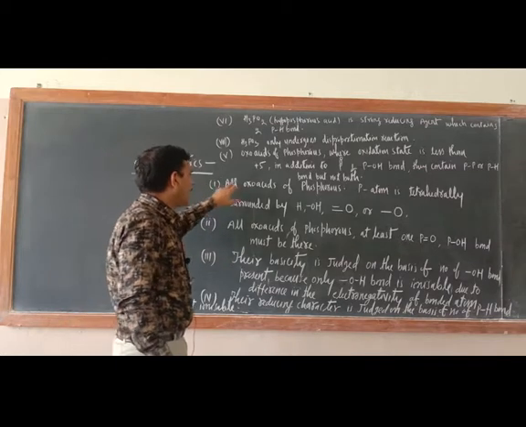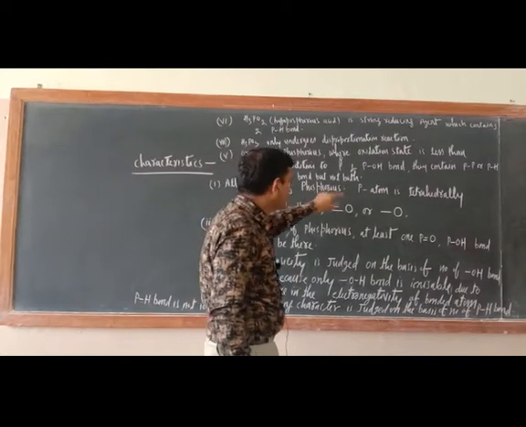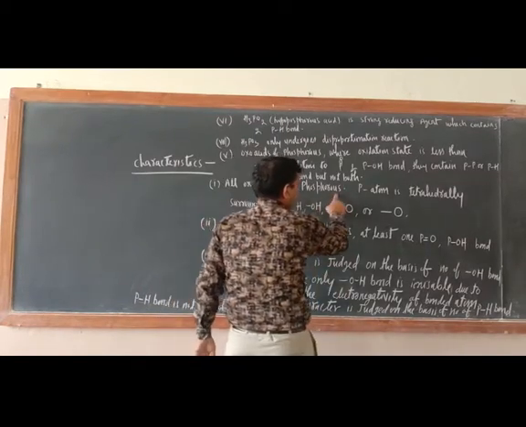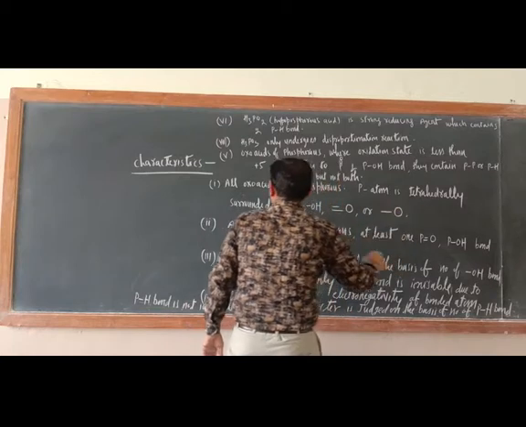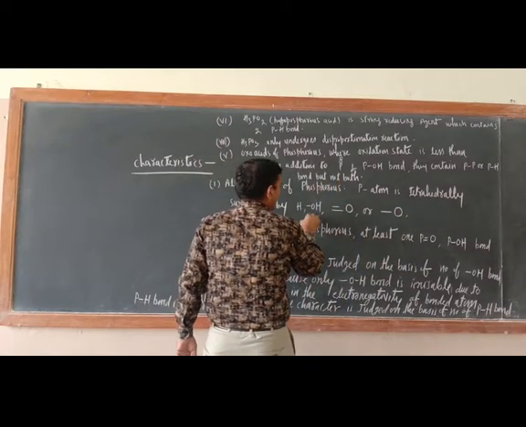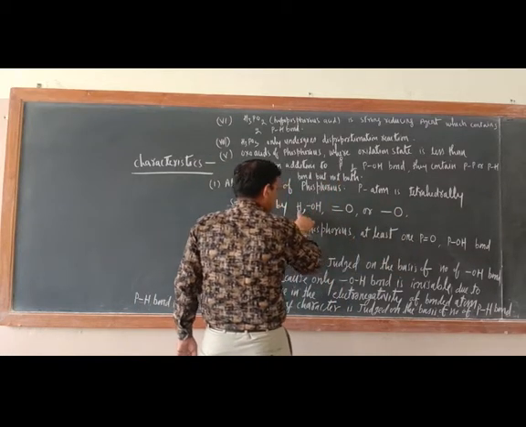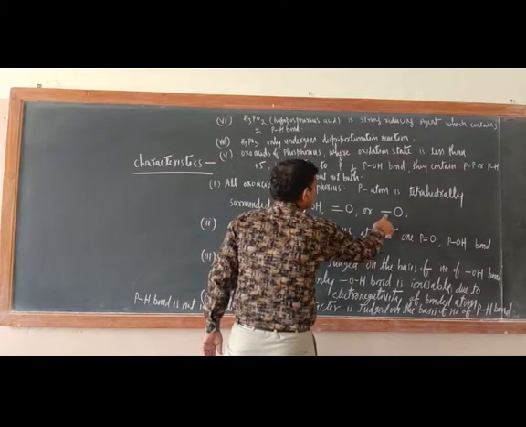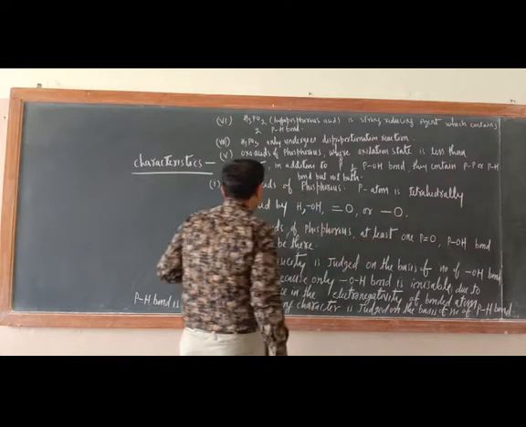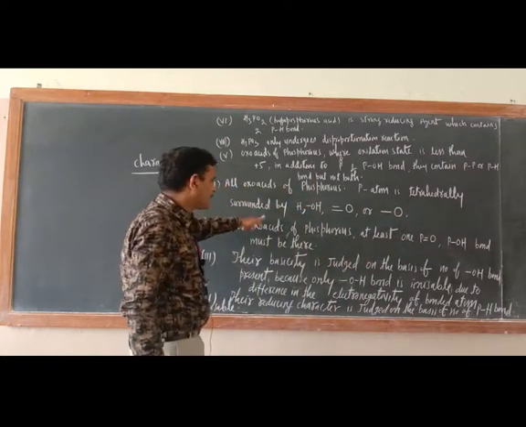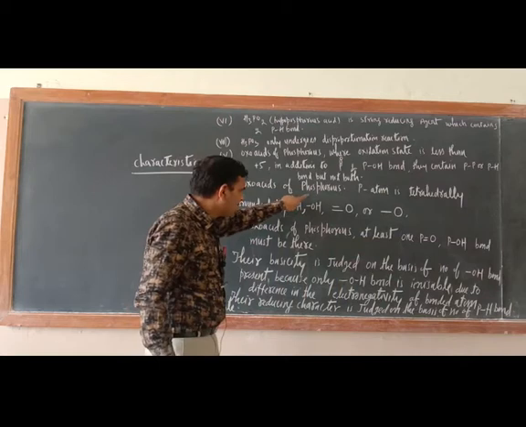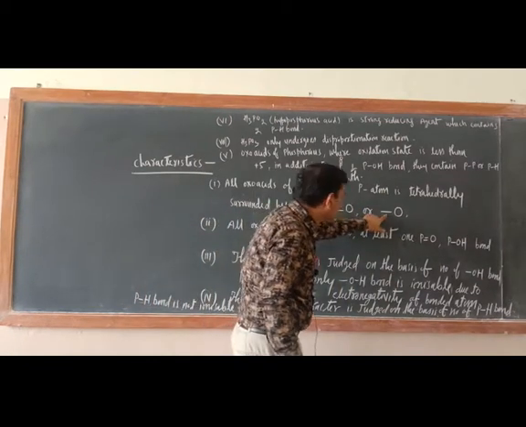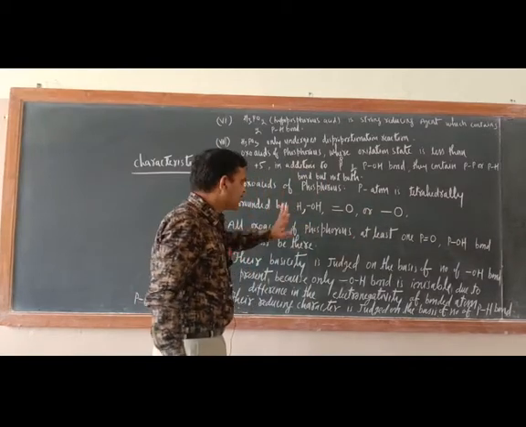Number 1: in all oxo acids of phosphorus, the P atom is tetrahedrally surrounded by P-H, P-OH, P double bond O or P single bond O. So around the phosphorus either a P-H bond, a P-OH bond, a P double bond O or a P single bond O would be there. These are the 4 types.